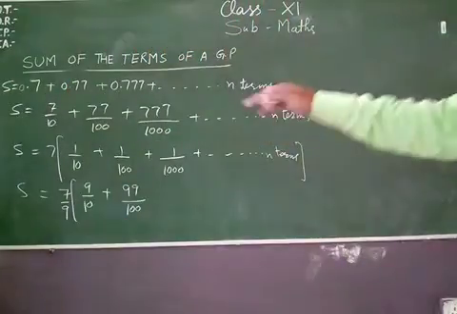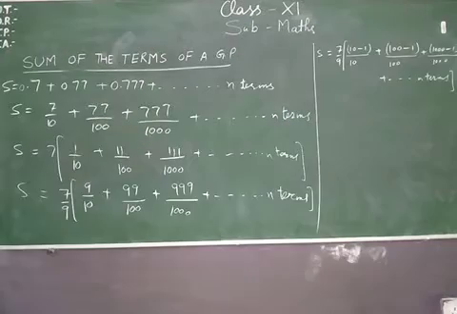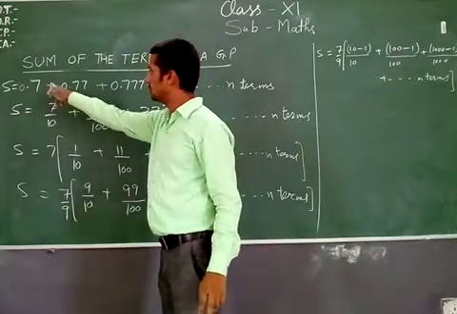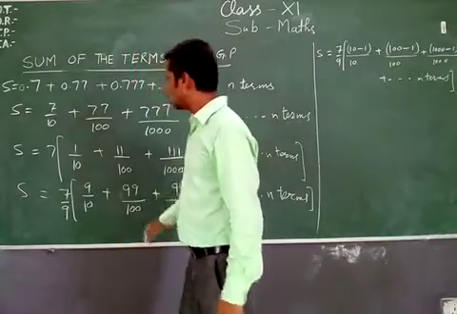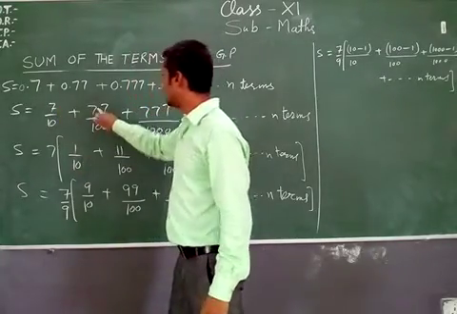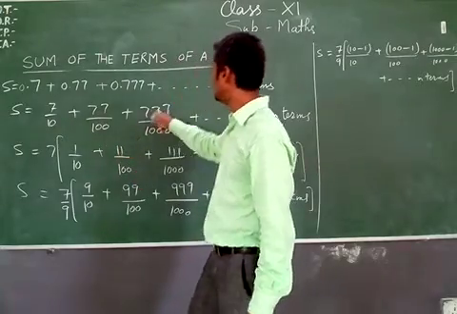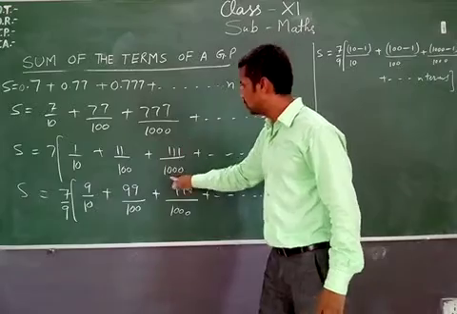Now we have multiplied by 9 in numerator and denominator. We have taken 7 as common from the given series. Taking 7 common, here we have 1 by 10, from 77 we have 11 by 100, and from 777 we have 111 upon 1000.